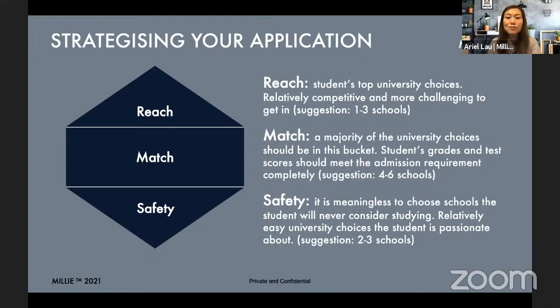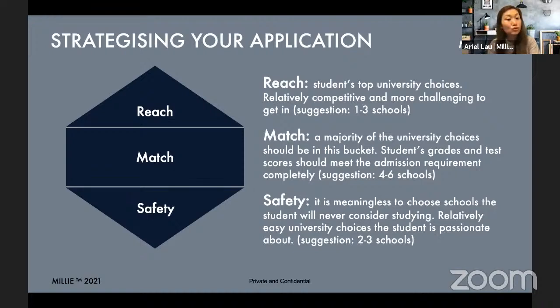These schools should match your grades and test scores in school, and based on the admission rates of previous years, you would think you have a good chance of getting in. That is a match school versus a safety school. A safety school should have the highest admission rates over the years, for example over 50%, with academic requirements very suitable for your current standard, so that it's called safety.